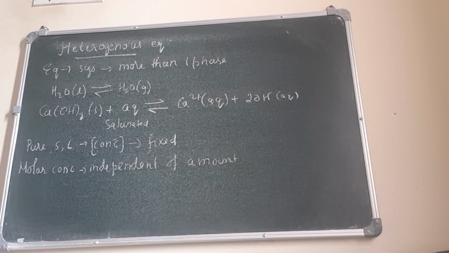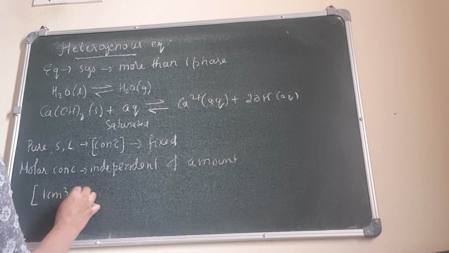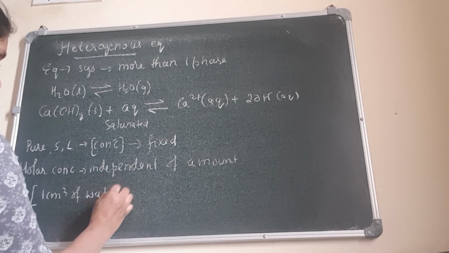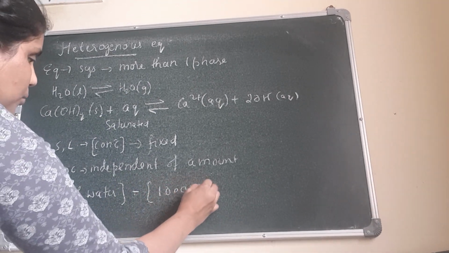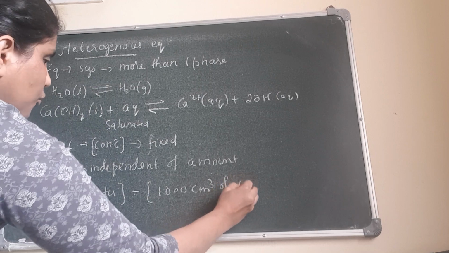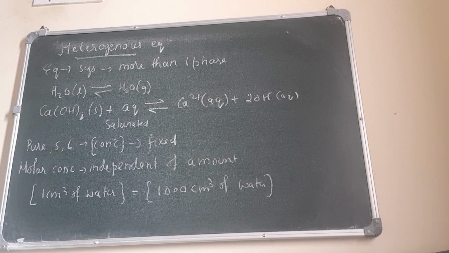For example, molar concentration: let us say you are taking 1 cm cube of pure water, it will be equal for any volume. You take 1000 cm cube of pure water, it is the same, just like how density is the same, because here it is number of moles per unit volume.